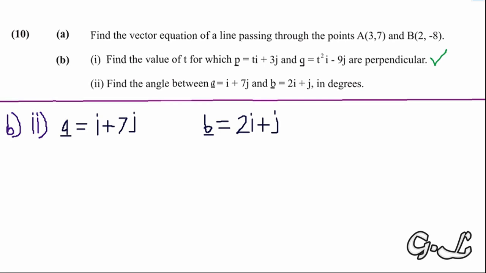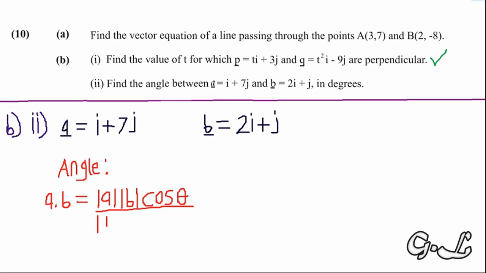Now, how do we find the angle in vectors? The way we find the angle in vectors is that we say the dot product of A and B. So A dot B is equal to the magnitude of A multiplied by the magnitude of B, multiplied by cos theta.